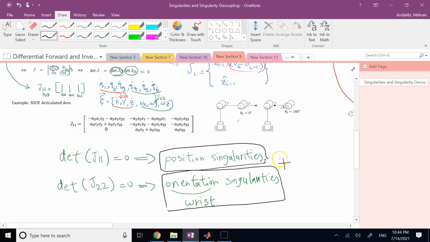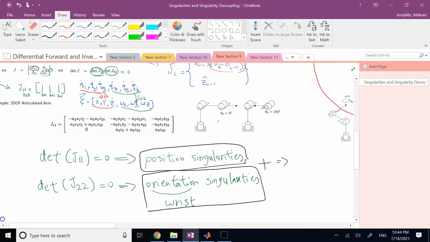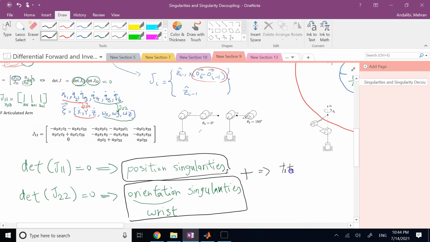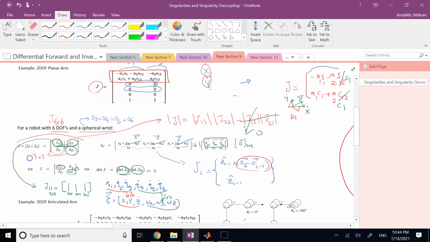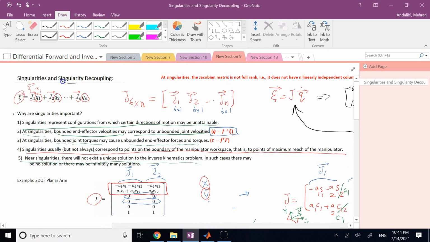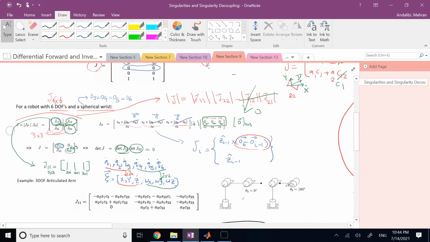So I could separate the total manipulator singularities into the combination of two separate things: position singularities and orientation singularities. The fact that I could separate these from each other, I call it decoupling. We call it singularity decoupling. Now, why could I do that?